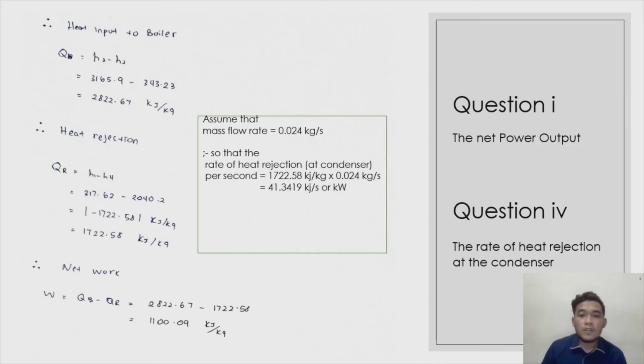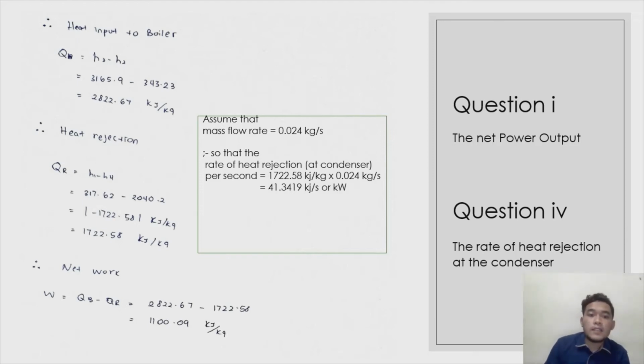Then I will obtain the rate of the heat rejection per second. So the rate of heat rejection at the condenser per second is 41.3419 kilojoule per second.